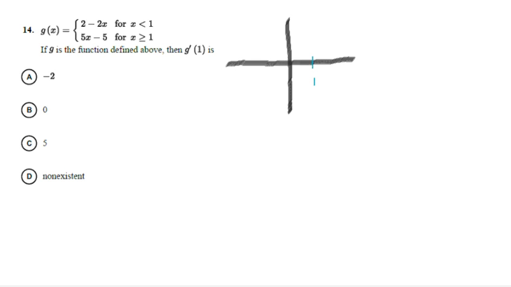when x equals 1. Is our function continuous? So g of x for the top, we got 2 minus 2 times 1 equals 2 minus 2, which equals 0. So at 1, for the left side, we're coming in hot.